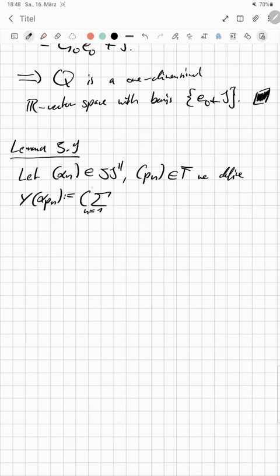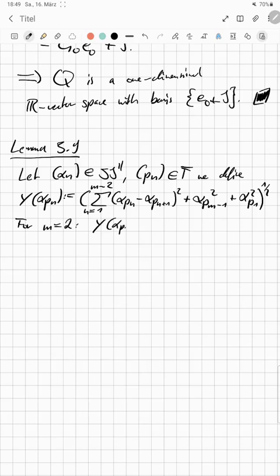N goes from 1 to m minus 2 of alpha pn minus alpha pm plus 1 squared, and then instead of our usual cyclic summation here at the end, we just sum alpha pm minus 1 squared plus alpha p1 squared. And here too we put it all in the square root. And as a convention, for m equals 2, we will just say that y alpha pn is 0.